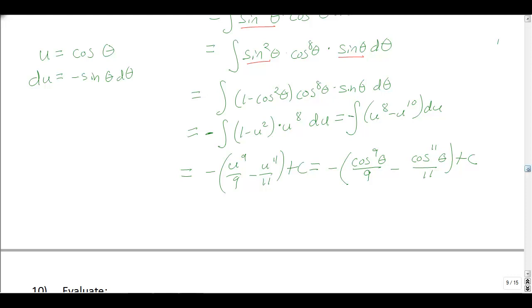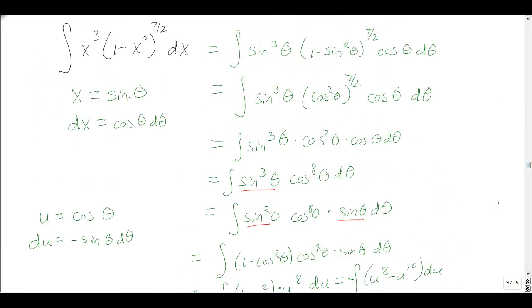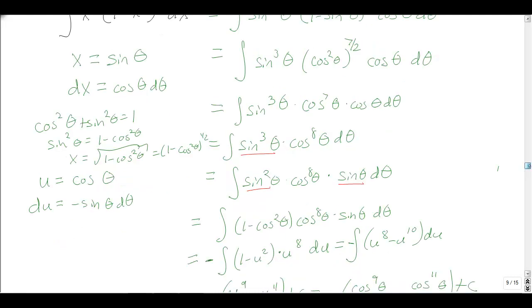Well, then what's cosine theta in terms of x here? So if x is sine theta, well, we know that cosine squared theta plus sine squared theta equals 1. So sine squared theta is 1 minus cos squared theta. So x is square root 1 minus cos squared theta. Except what we've got is cos theta.